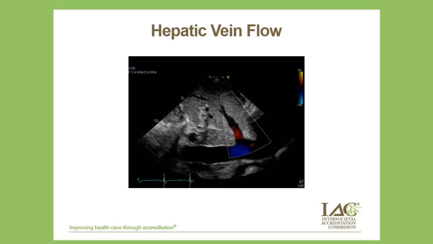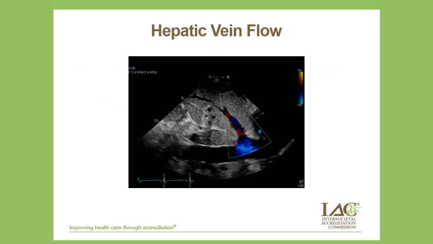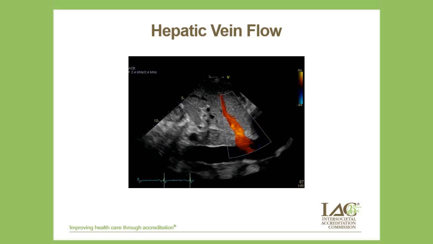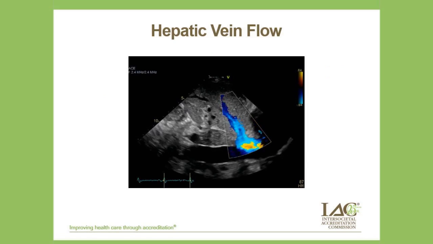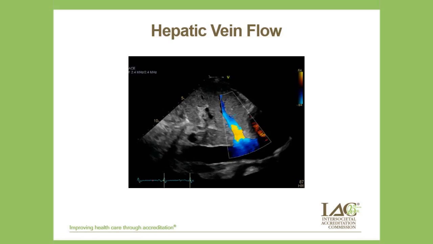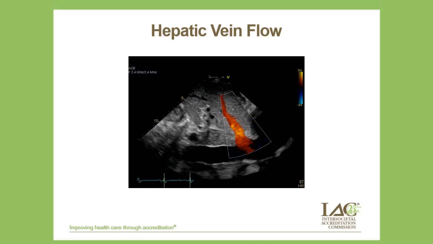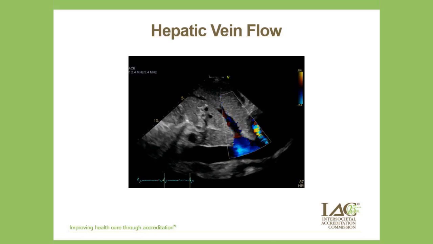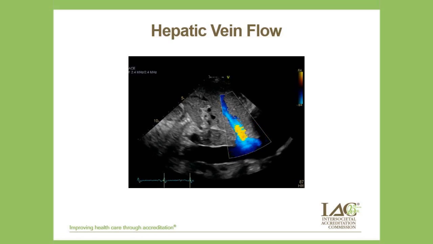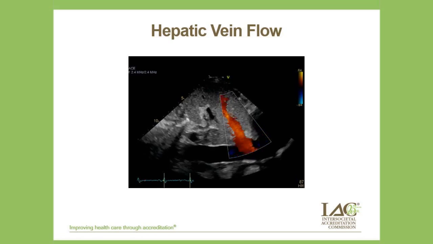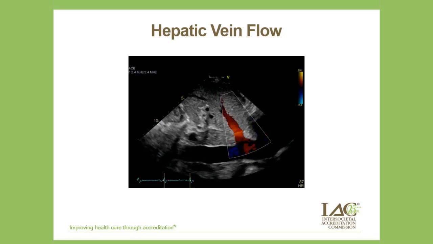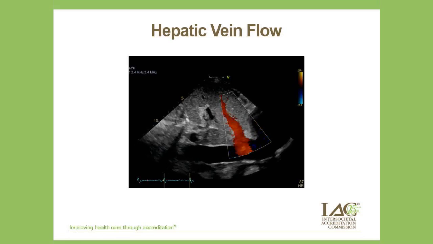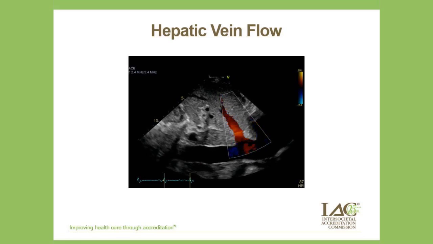Okay, hepatic vein flow is something else that we look at when we're doing a right heart assessment. Again, I've picked one that's very nicely seen, dilated. I know that they don't occur like this every day. Sometimes they're very difficult, but if you really work on these, if you look for the hepatic vein draining into the IVC and then lay it out so you get the longest axis of it, you'll be fairly successful.